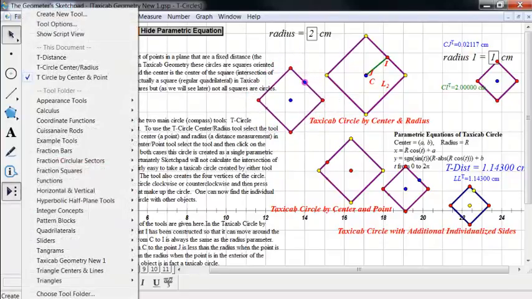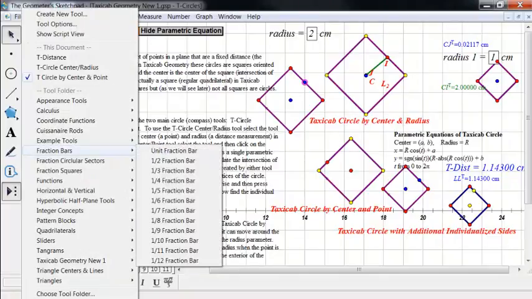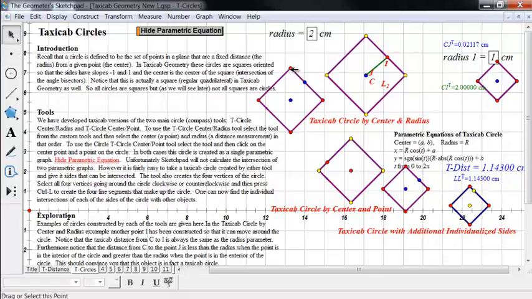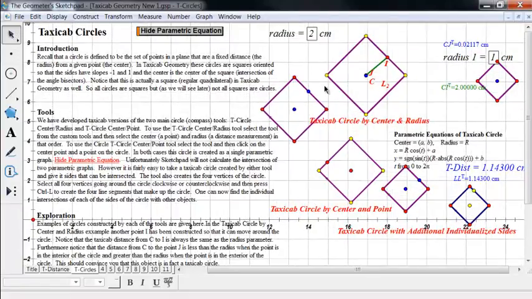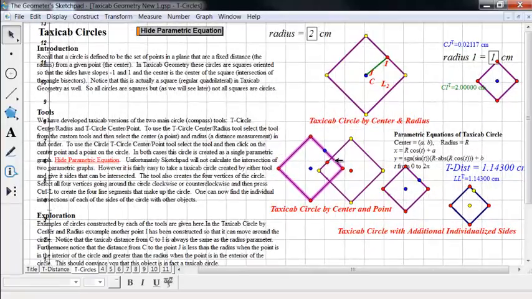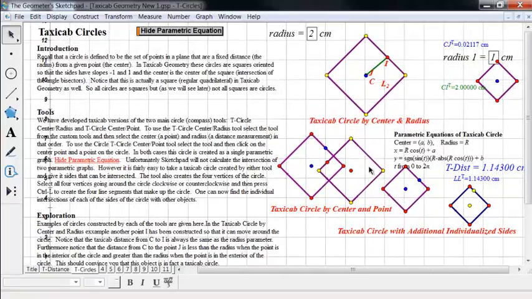Now, I thought I had another tool. Okay, well, I'm going to make another tool. Now, the only problem with this is whenever I would like to be able to find the intersections of circles.